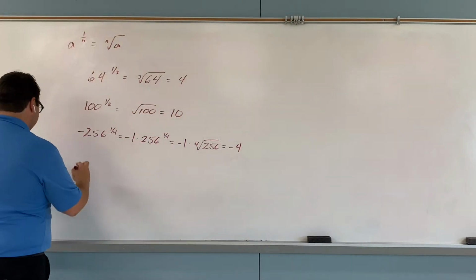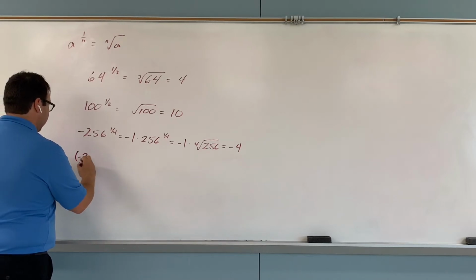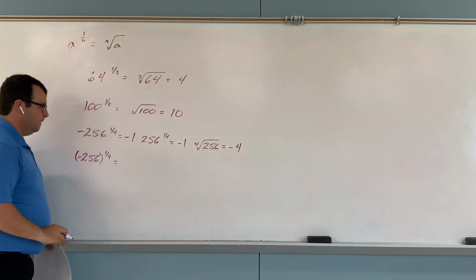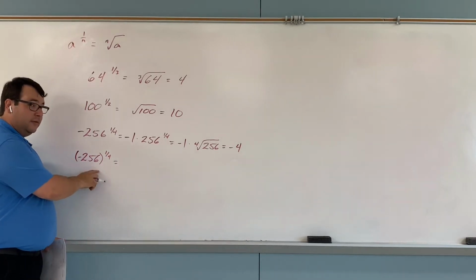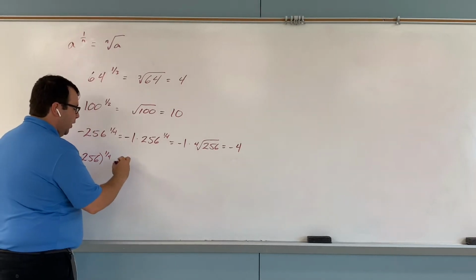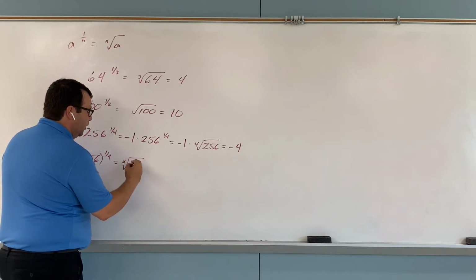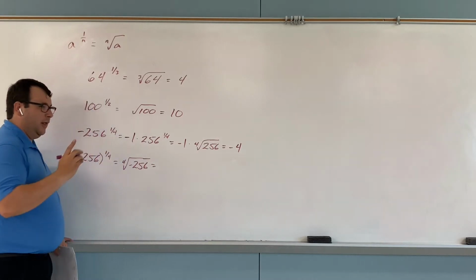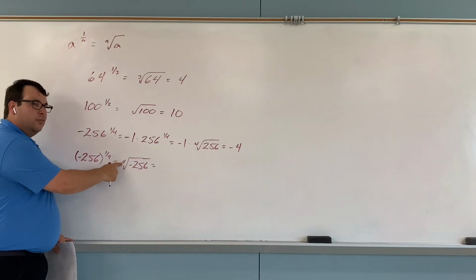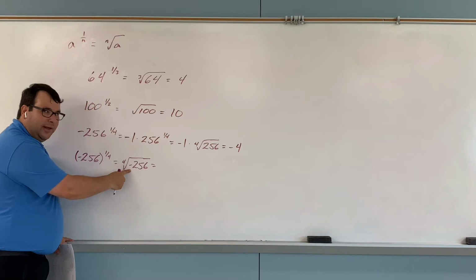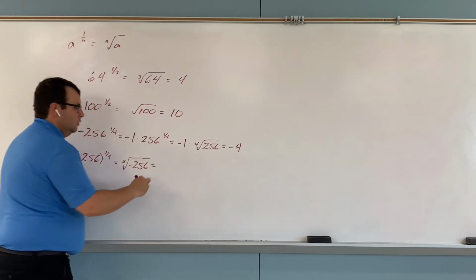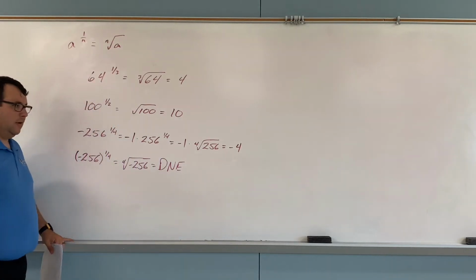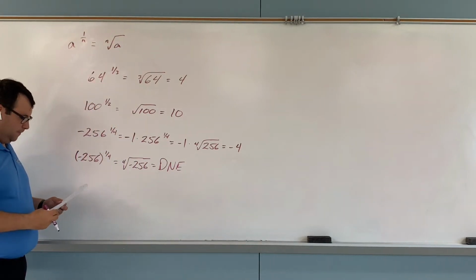Now, how is that different than if I had parentheses? So negative 256 in parentheses to the 1/4 power. Well, now my entire base is this negative 256. And when I convert it, I get the 4th root of a negative 256. But wait a minute. I have an even root index of a negative radicand. Ugh. That doesn't happen, so it does not exist. Very good.